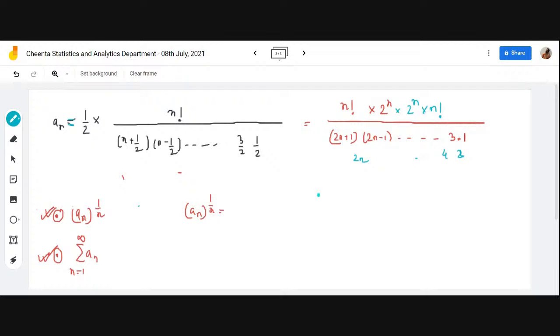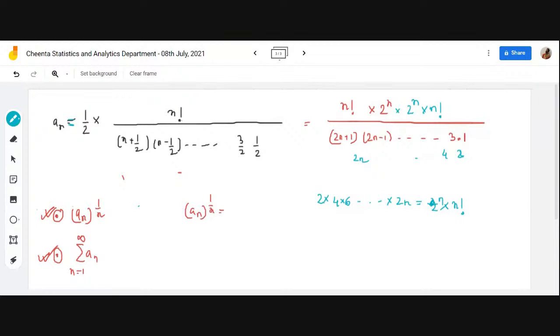Did you understand that 2 into 4 into 6 dot dot into 2n is the same as 2 into 1, 2 into 2. If you take out 2 from each one of them, you get 2 to the power n into 1 into 2 into 3 into dot n, that is n factorial. This is a very interesting calculation. Did you all get this idea? Any doubts?